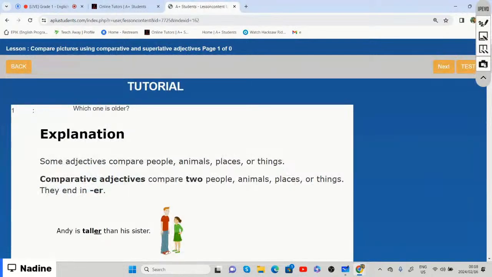And we said some adjectives compare people, animals, places, or things, and we call them comparative adjectives, which compare two people, animals, places, or things to one another. And they end in er.